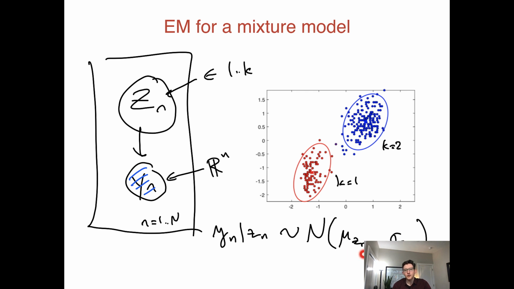So in this case, we have two clusters, so we have two mean and variance values. And actually, because this is a multivariate observation, we have a covariance matrix, not just a variance parameter.